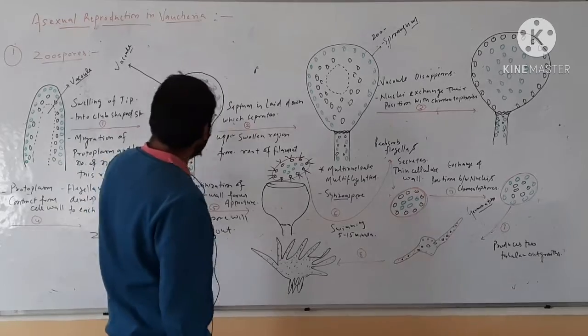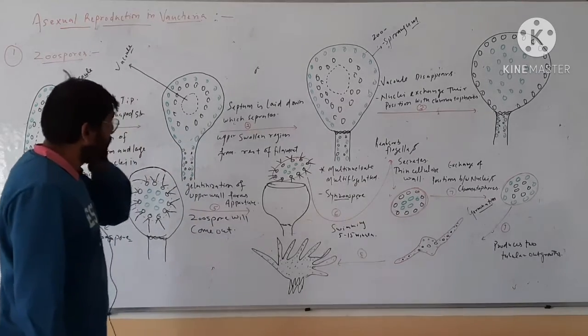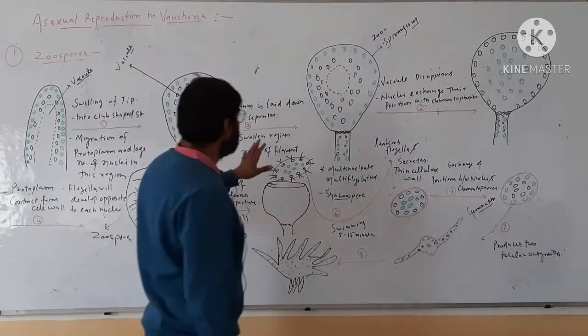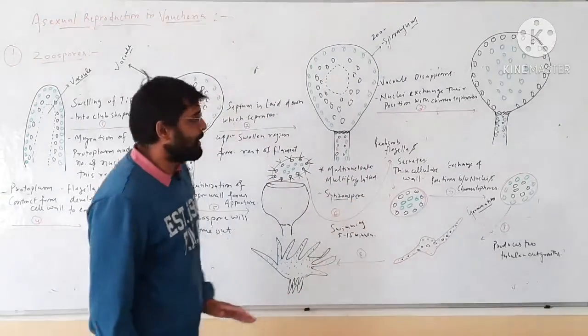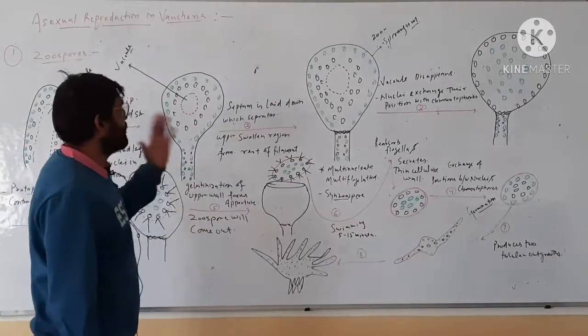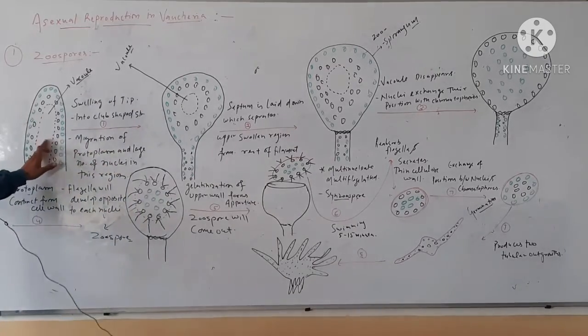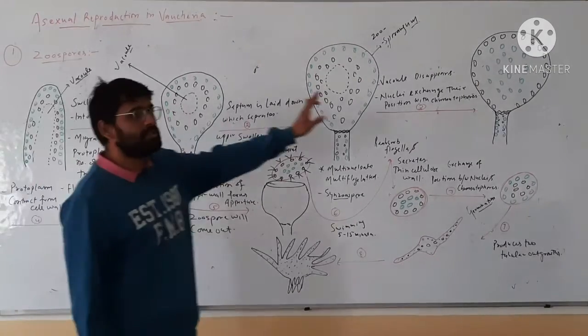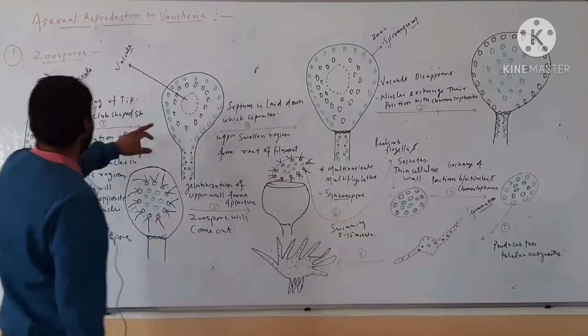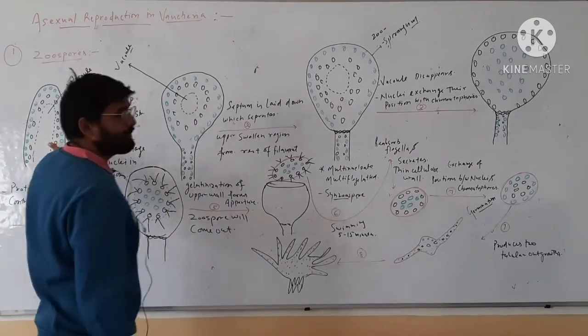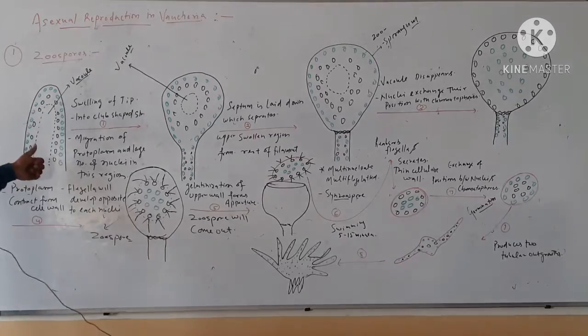Then after migration of nuclei, a septum is laid down which separates the lower part of the filament from the upper part, and the size of this vacuole will reduce in this swollen part. Here you can see the vacuole is smaller than it is in the normal filament.